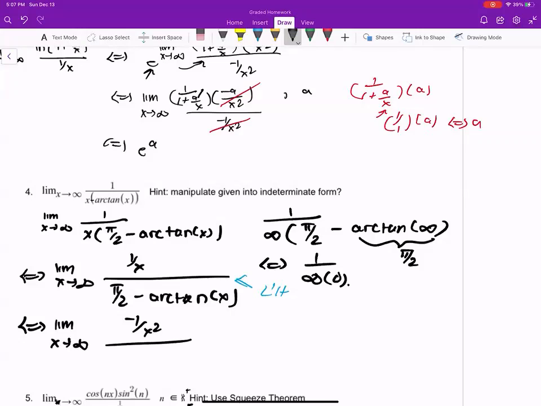Wait, I had a question. If the initial form is already indeterminate, then why do you need to manipulate it more? Because when you're differentiating, you get 0. Like if you do L'Hopital's right away, differentiating the top will give you 0. Okay, I see.